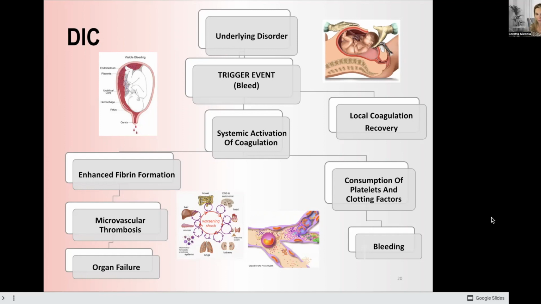That would be the normal thing for the body to do, or it could go into this systemic activation of coagulation. So this is that overcompensation of the body. So we've got lots of fibrin formed. We've got fibrin depositing itself in vessels, and we have microvascular thrombosis and organ failure. Consumption of platelets and clotting factors, and more bleeding.